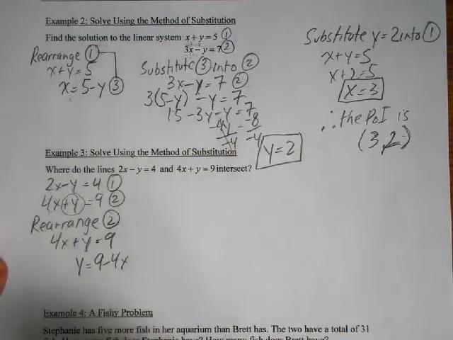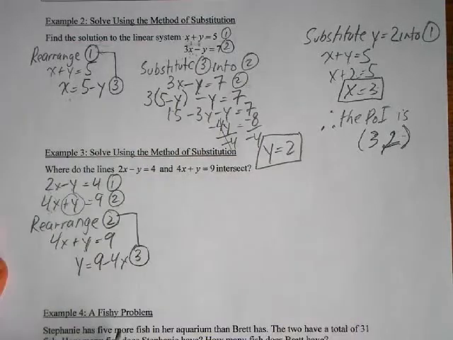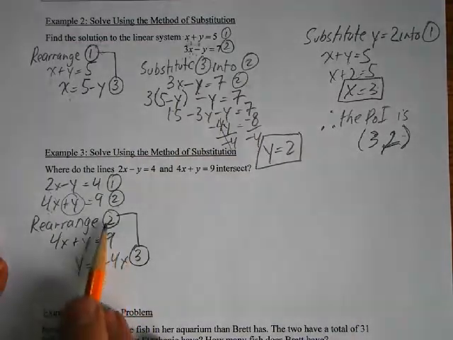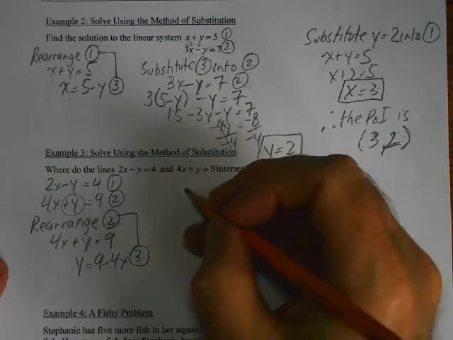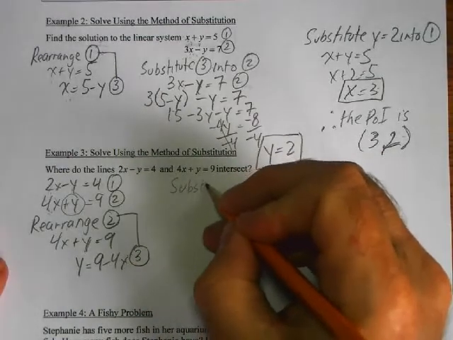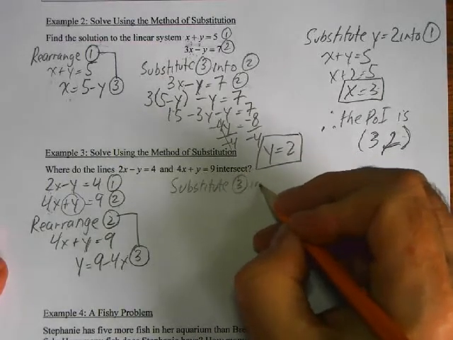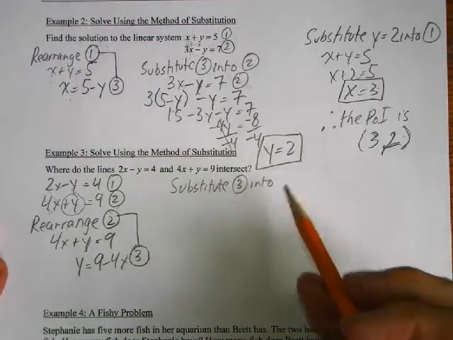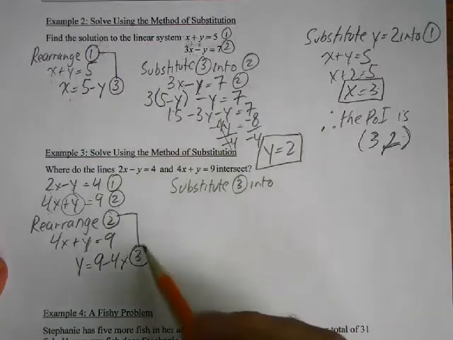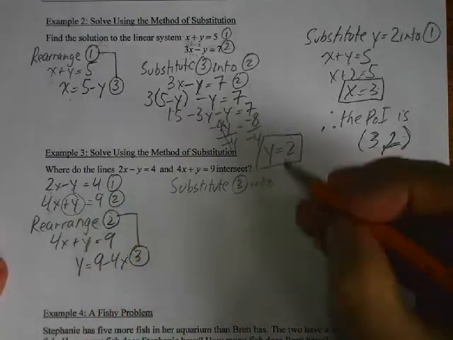Now that's the new equation 3, which is the same line as equation 2. So now when I go to the next step, I'm going to substitute my isolated equation. So substitute equation 3 into, now be careful again, you don't really have a choice here. You can't put it back into 2 because these are the same. You have to put it back into 1.